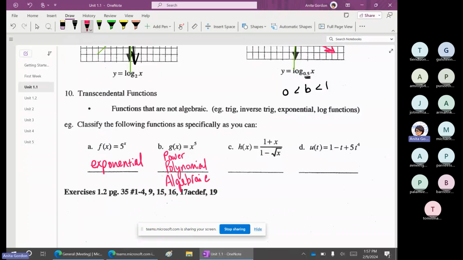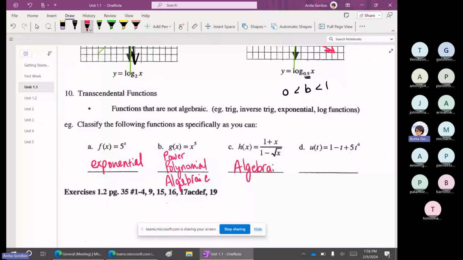Okay, what about C? Rational. Tempting to say rational because I see a fraction. Radical. Tempting to say radical, but there is a fraction. Oh, algebraic.